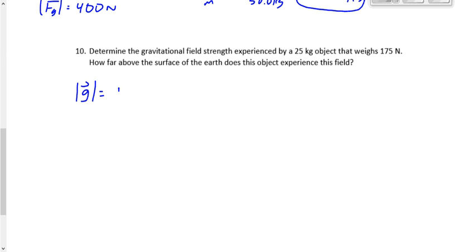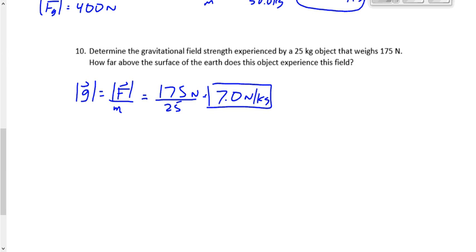It's F over m. It's 175, the force of gravity, or the weight, divided by 25. That gives us a value of 7.0 newtons per kilogram. There's the field strength that this thing experiences.